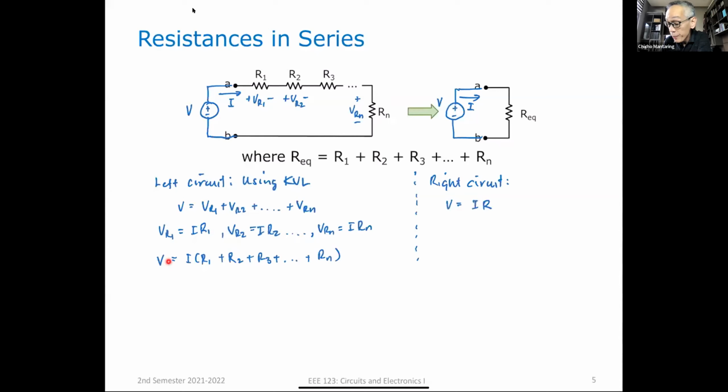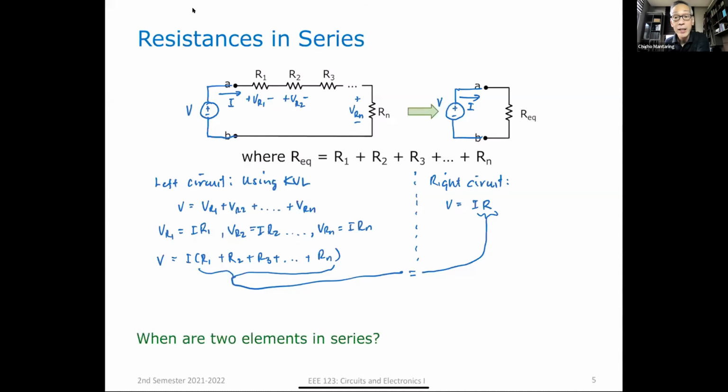So if this V is equal to this V, and this I is equal to this I, then that means this expression must be equal to this. Those must be equal. And that is what we're saying here. R equivalent is equal to R1 plus R2 plus R3 all the way to plus Rn. So it's very simple. No?